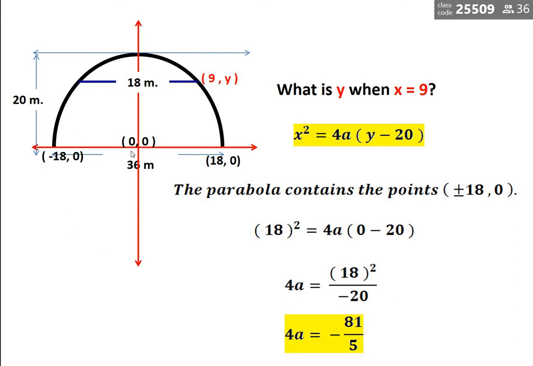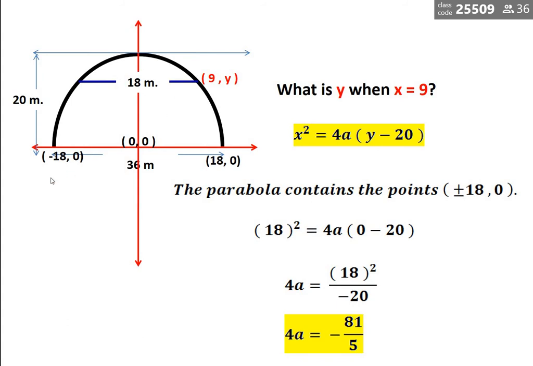So the center is at (0, 0). If this is 20 meters, somewhere here, let's have this point, and that point is the 18 meters.